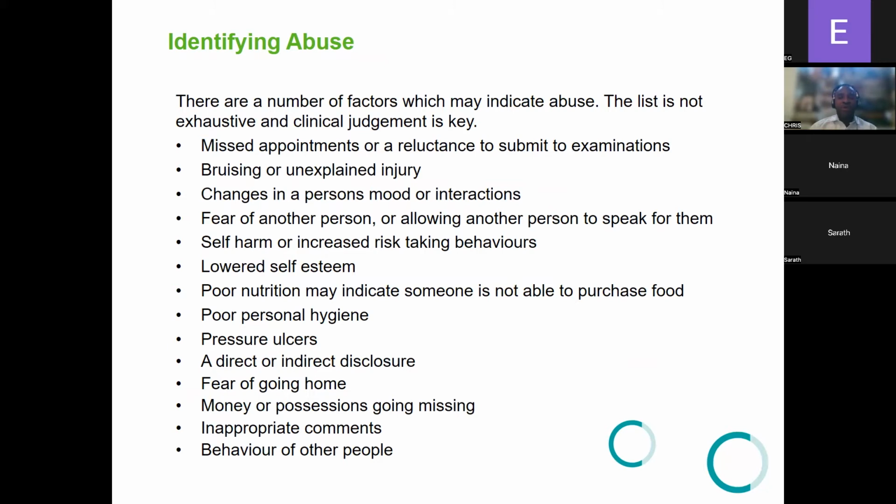How would you know? That is what we call the signs and the symptoms of abuse. So that leads us to how to identify that a service user is being abused or is at the risk of being abused. Okay, so there are a number of factors which may indicate.